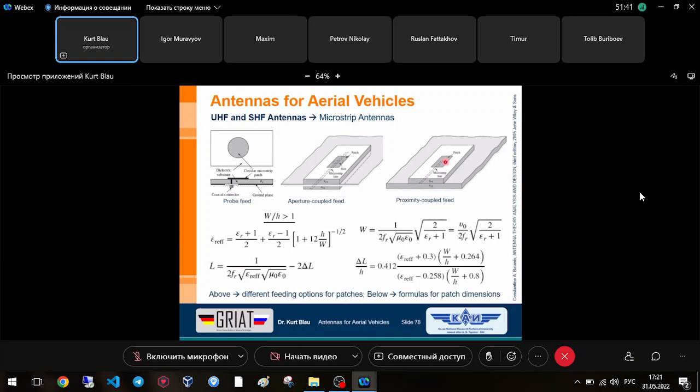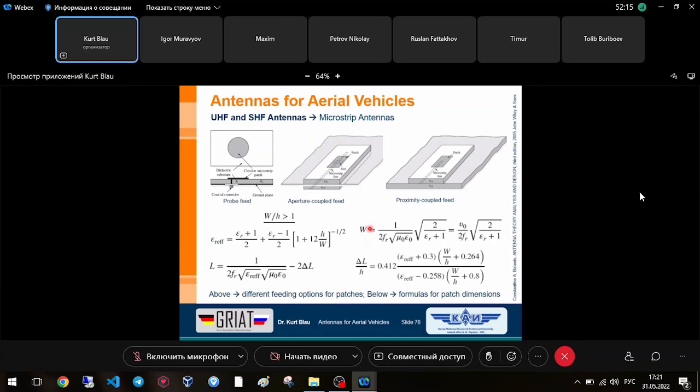Between the patch and this plane, we have only the material of substrate 1 with relative permittivity epsilon r1. There's no other metallization between these two substrates. This is in opposition to this one here, where we have in the middle a ground plane, downwards the microstrip system, and upwards the coupling mechanism with the patch.